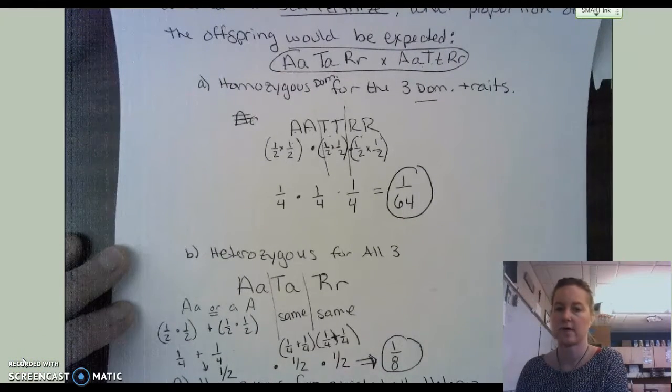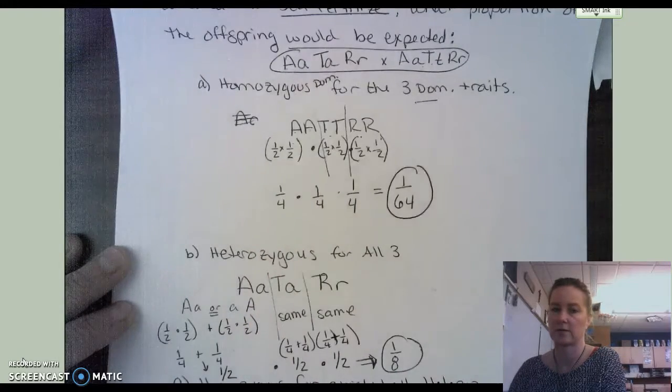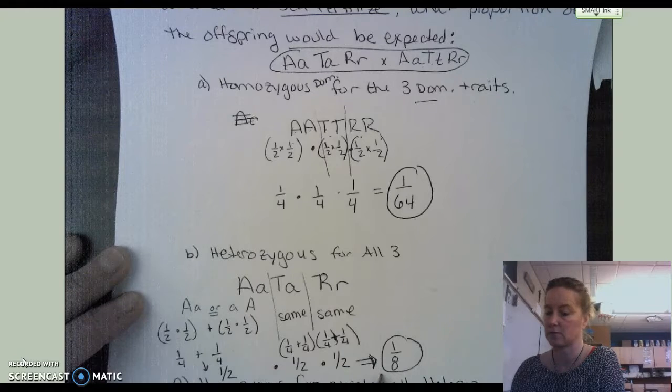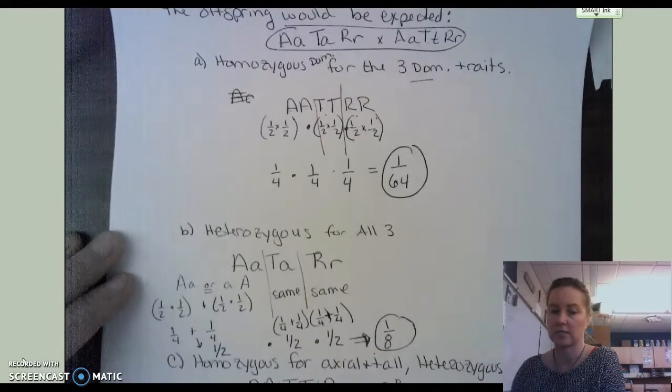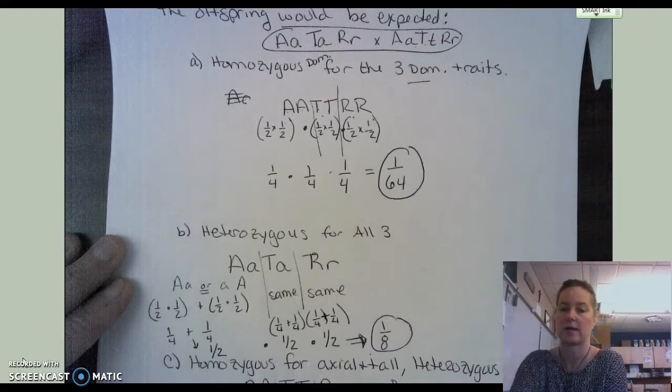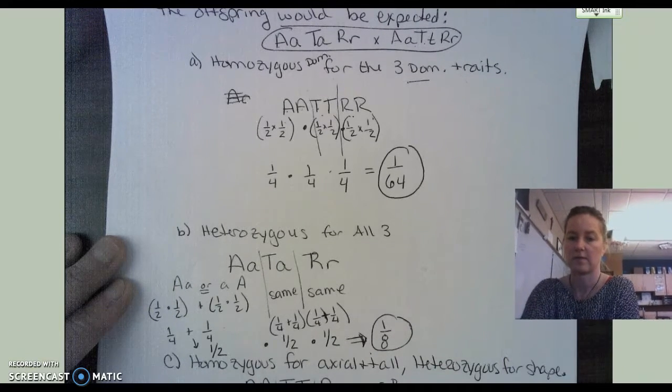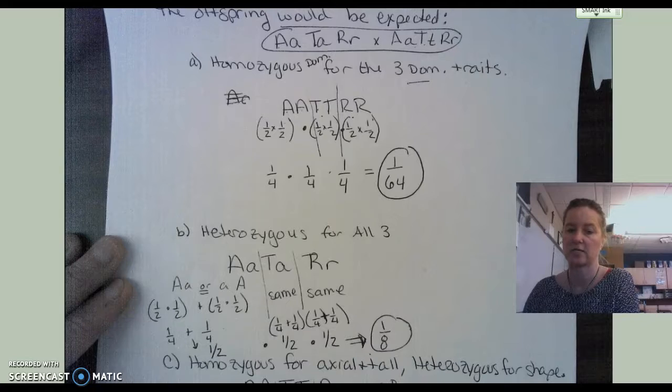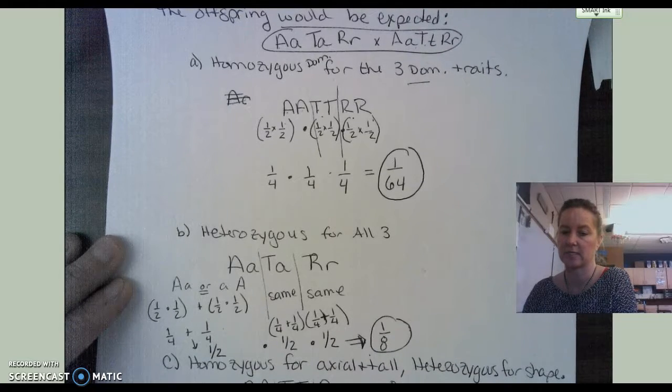Okay, here we go. If I am trying to figure out what the expected ratio is for heterozygous for all 3 from 2 parents that are heterozygous for all 3 traits, here is my answer: I would expect that 1 out of 8 individuals would be heterozygous for all 3 of those traits. Here's the last question: what is the chance that of those 2 parents heterozygous for all 3, I would end up with offspring that are homozygous for axial and tall and heterozygous for shape?